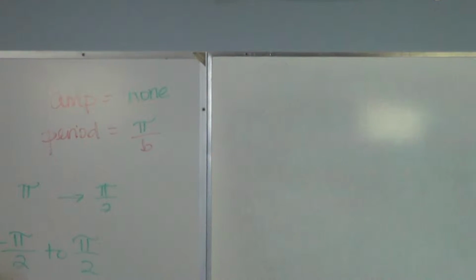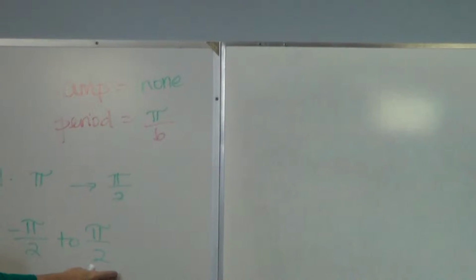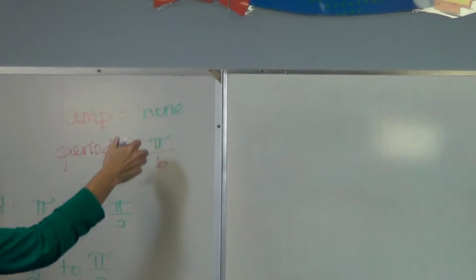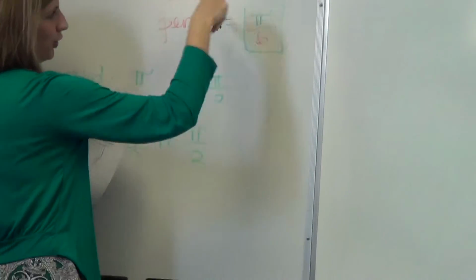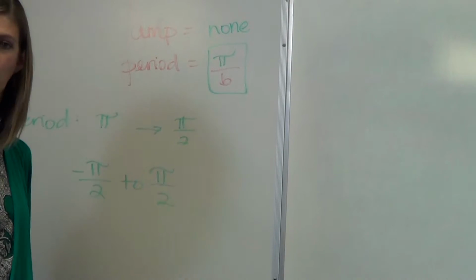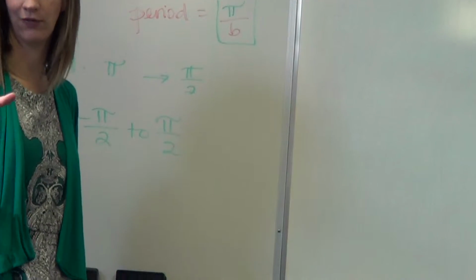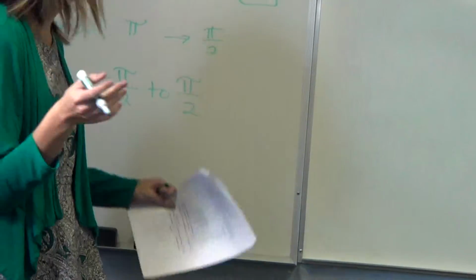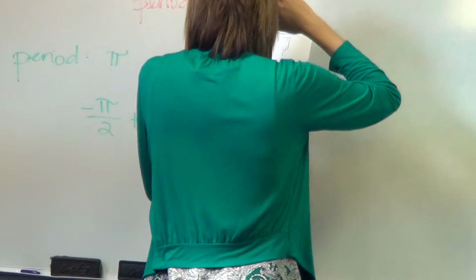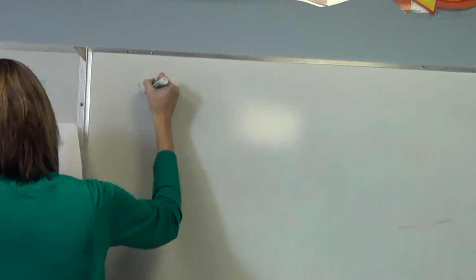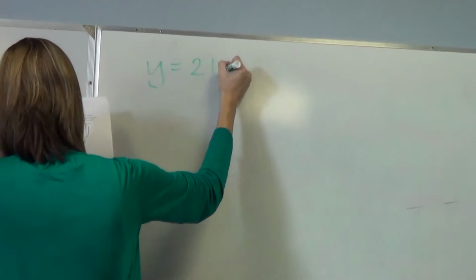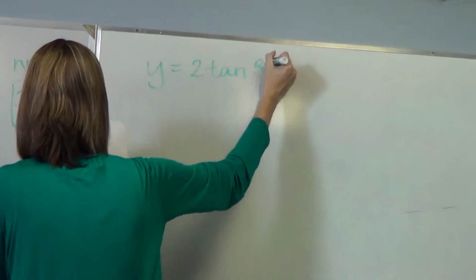So half of it is on the negative side and half of it is on the positive side. So whenever we get our period for this, we'll have to take it and divide it by 2, and then half of it will go on the negative side of the 0 and half of it will go on the positive side.